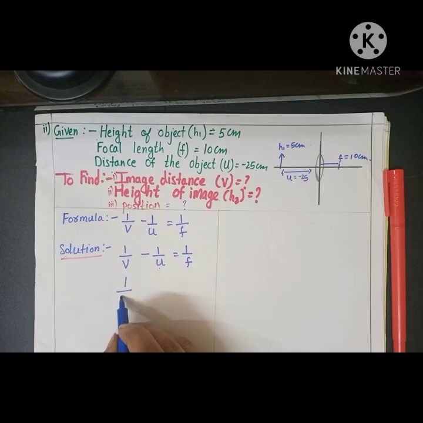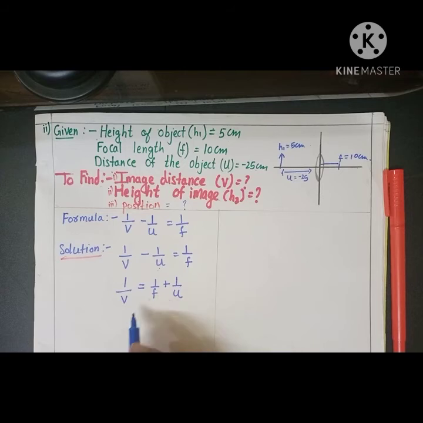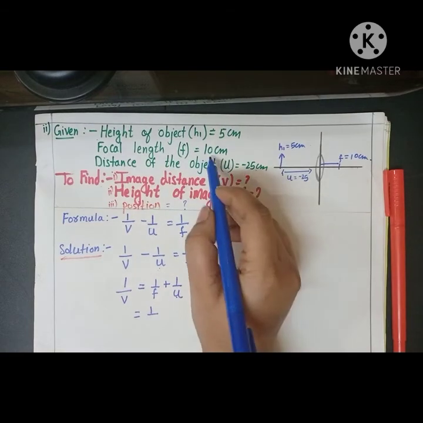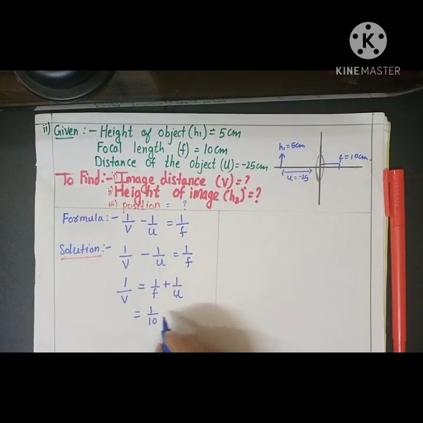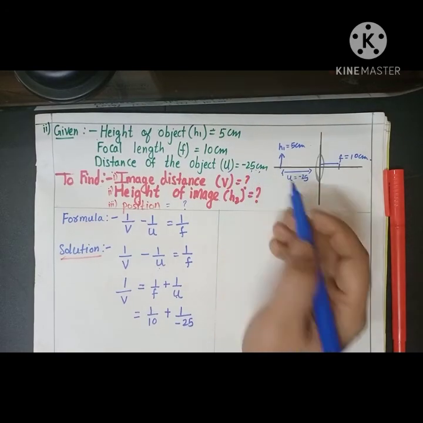So it becomes 1 upon v is equal to 1 upon f plus 1 upon u. Substitute the value of f and u, we get 1 upon 10 as f is equal to 10, plus 1 upon minus 25 as u is equal to minus 25.